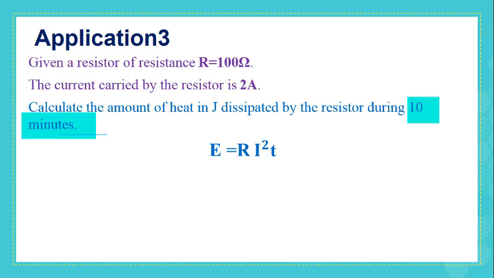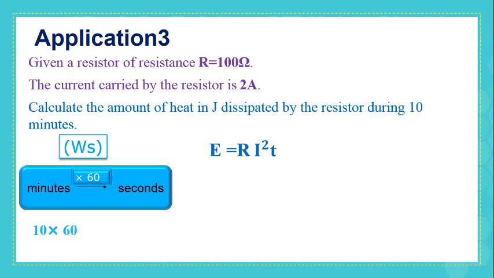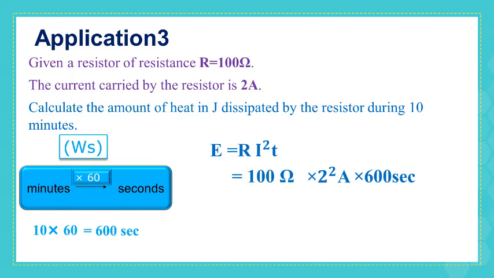The time should be in seconds instead of minutes. So we have to multiply 10 minutes times 60 to get the answer in seconds, which is equal to 600 seconds. So 100 times 2 squared times 600 is equal to 240,000 joules. So the heat dissipated by this resistor in 10 minutes is equal to 240,000 joules.